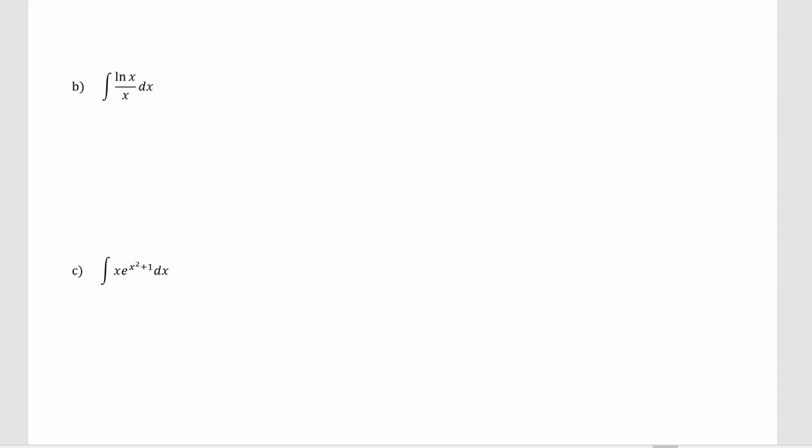Can you see here? This is ln of x times 1 over x dx. Can you realize 1 over x is the derivative of ln of x? So this should be the u, and 1 over x will be the du. Okay? So be careful.